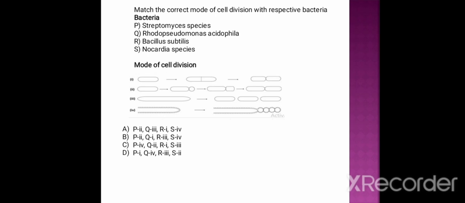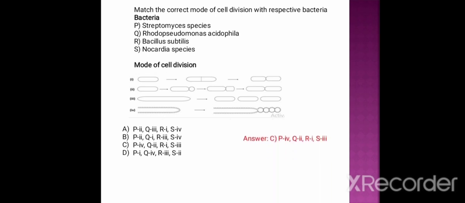In the third option, the cell causes irregular partitioning and produces 3 cells. And in option 4, the newly formed cells are attached to each other.